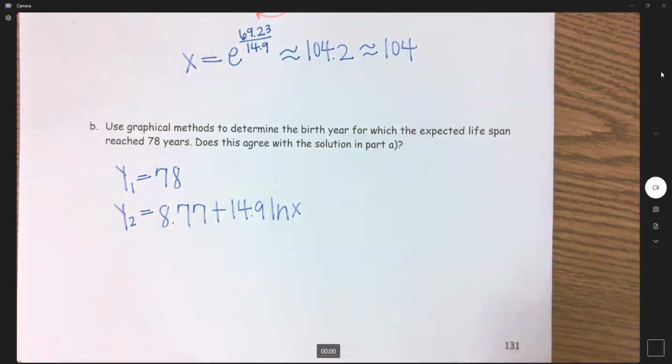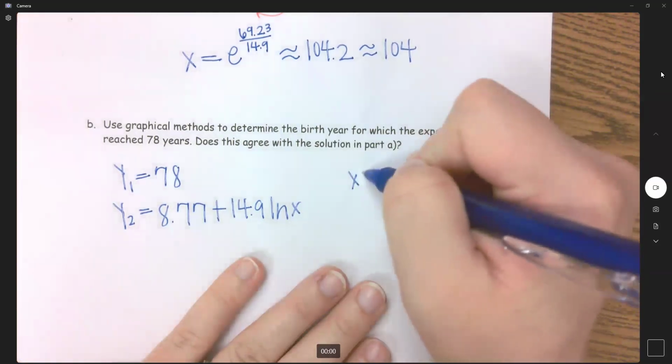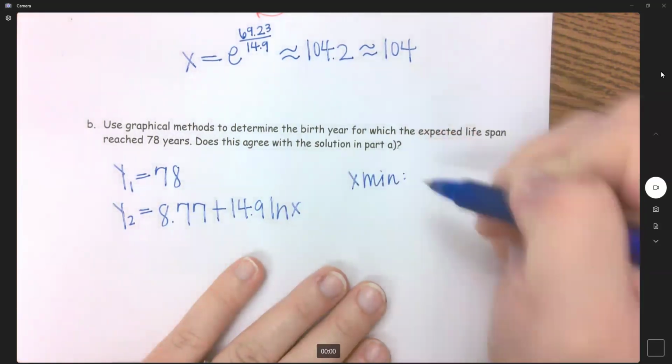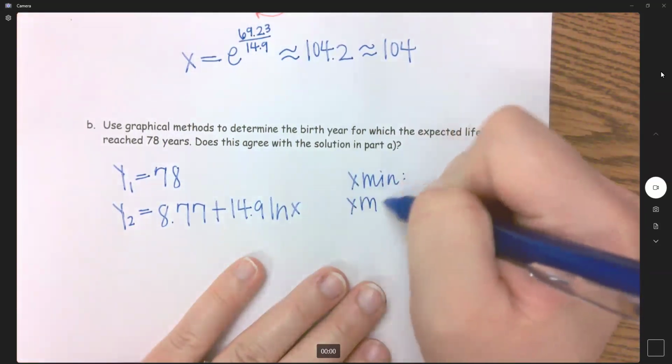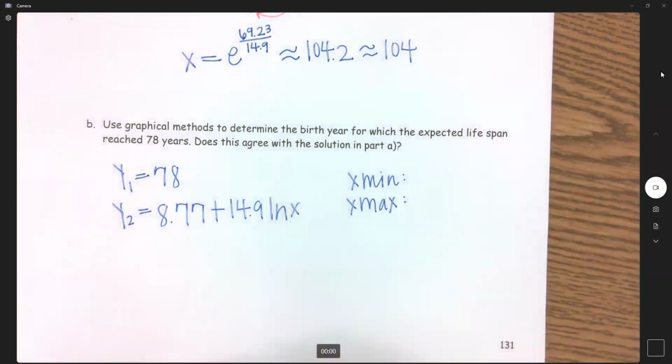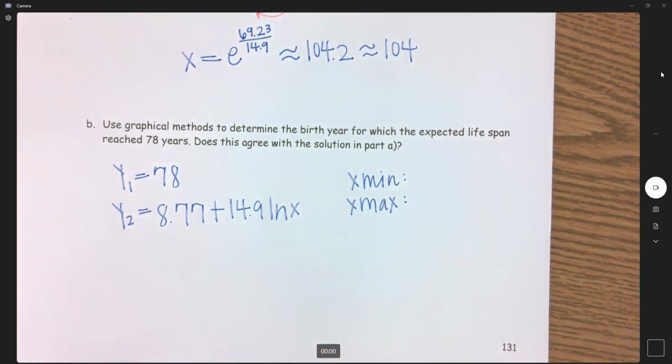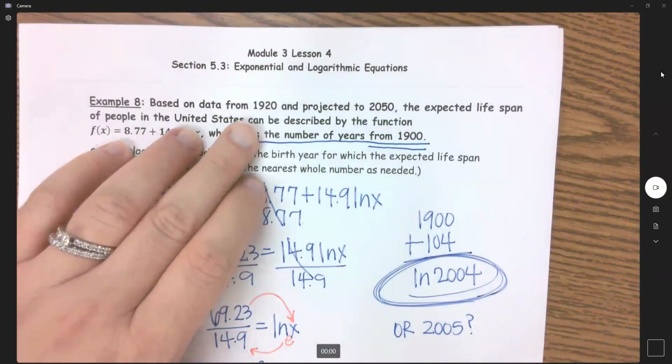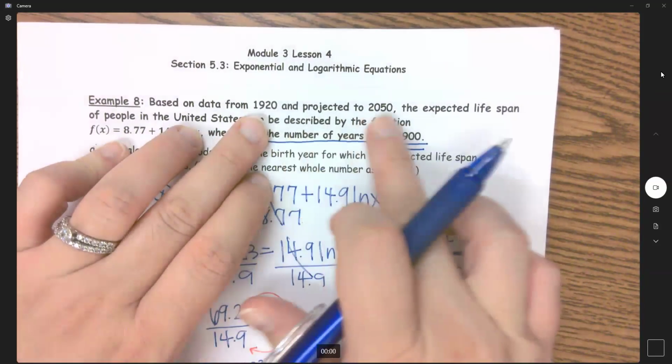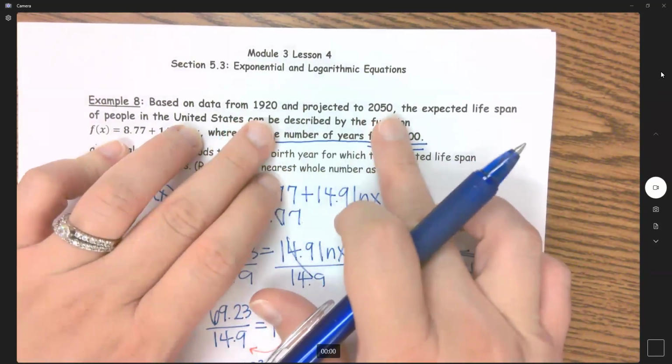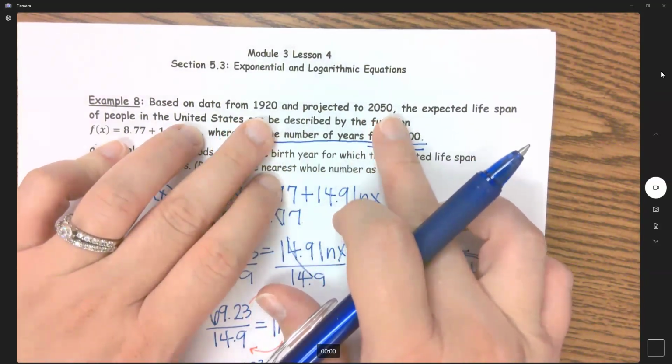Okay, we need to adjust our window. So we need to figure out what my X min and X max are going to be. Well, it says up here, based on the data from 1920 and projected through 2050, so I would probably use these years right here.